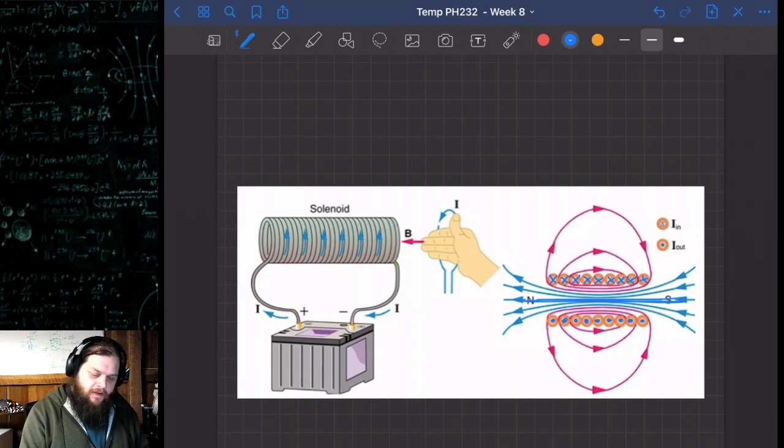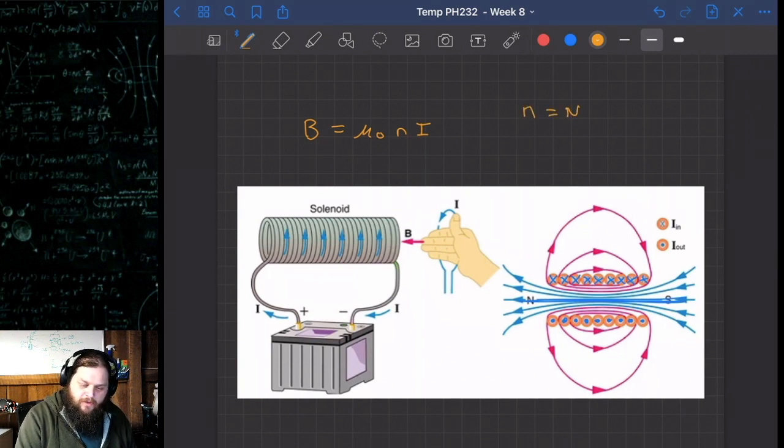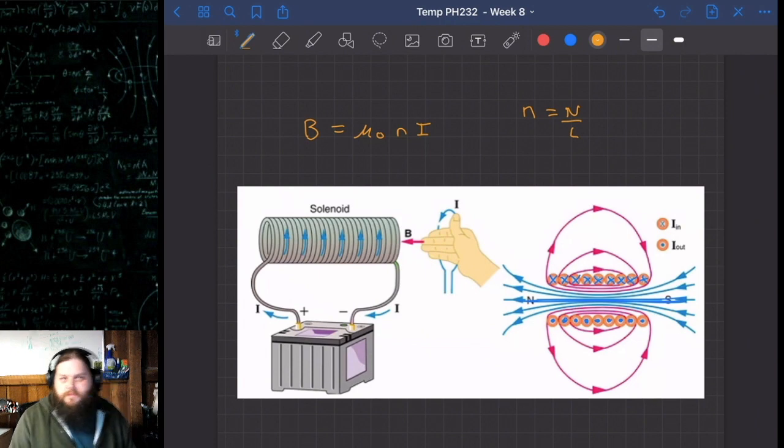And we can define the magnetic field as equal to mu naught n I. Notice it's a lowercase n in this case. That lowercase n is used because it equals the number of turns per length. So depending on how close they are together, what gauge of wire you have, and other things, we could adjust the magnetic field fairly significantly.